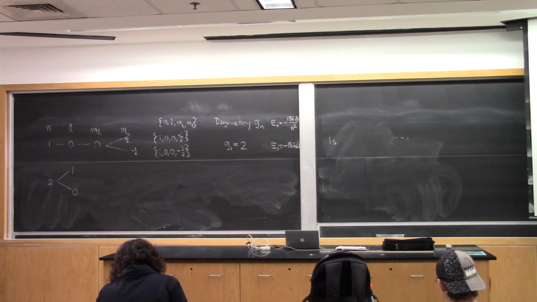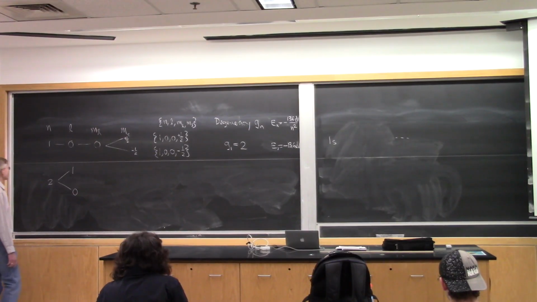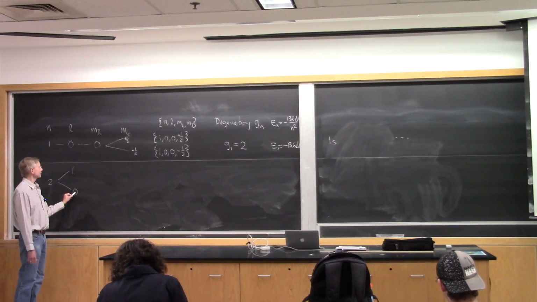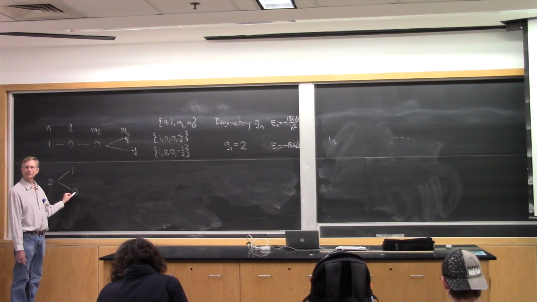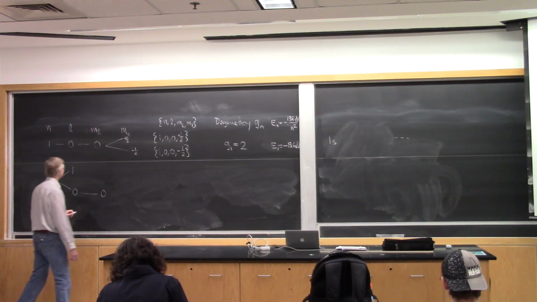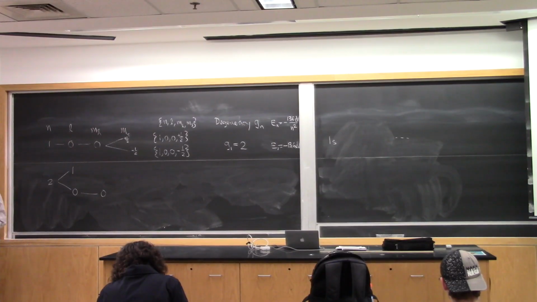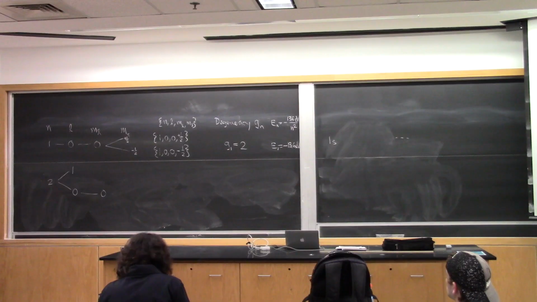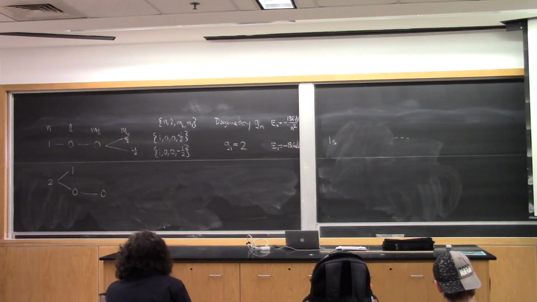So now our tree has a branch, our trunk branches when we get to L. If L is equal to 0, ML has to be 0. But if L is equal to 1, ML can be negative 1 or 0 or 1 because it's minus L to L, right?